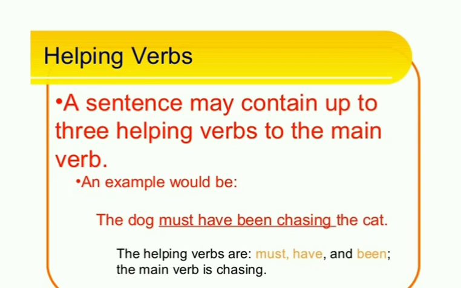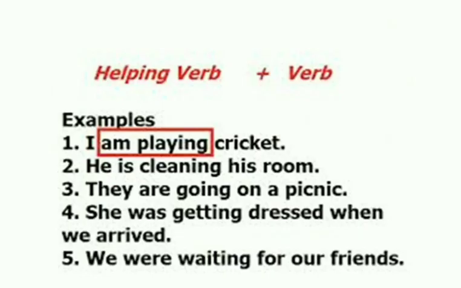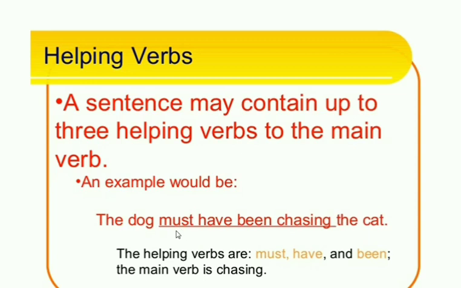Now, a sentence may contain up to 3 helping verbs to the main verb. Right? Not only one like in the previous one. Here in the second sentence we have only one: he is cleaning his room. Is is the helping verb, which is only one, and cleaning is the main verb. Right? Now, see the example of this sentence: the dog must have been chasing the cat.